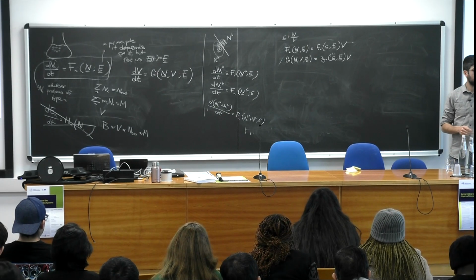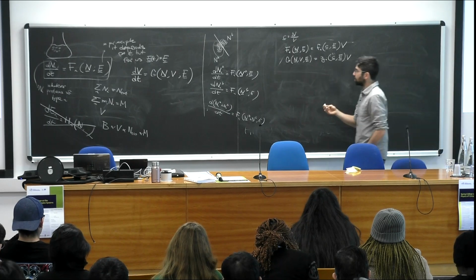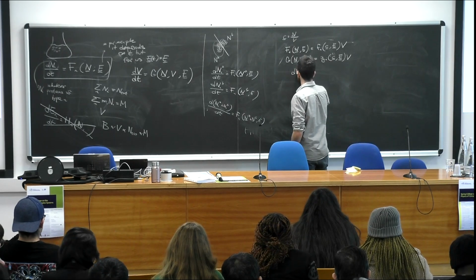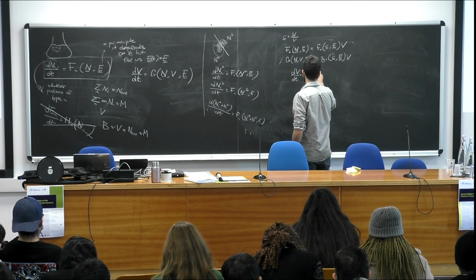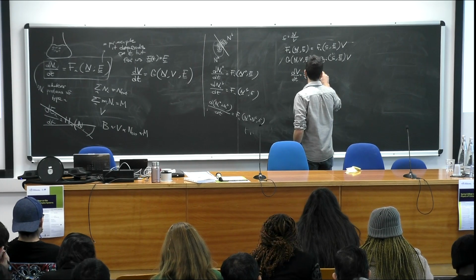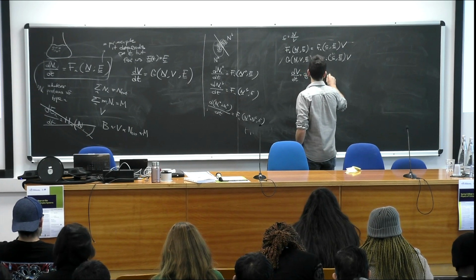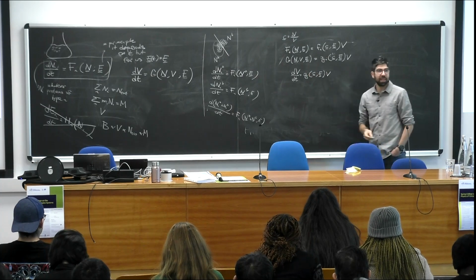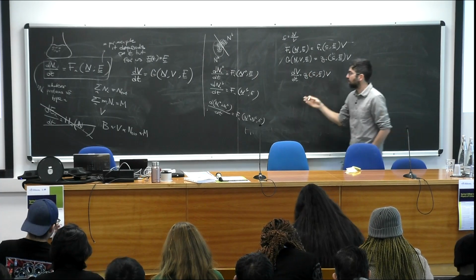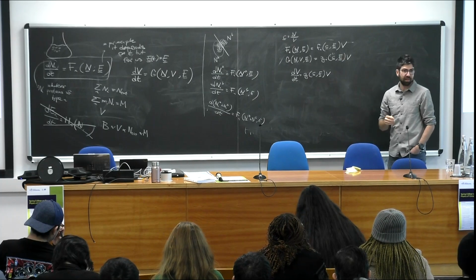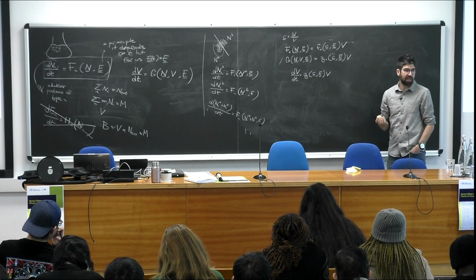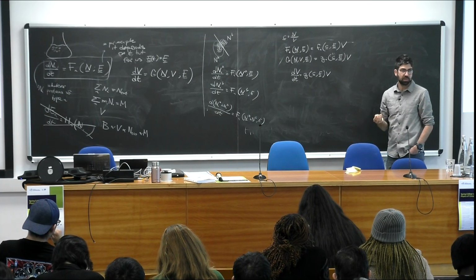So now I have an equation for V, which tells dV/dt is equal to g(C, E) times V. And then in principle I could write the equation for N, but since I'm expressing everything in terms of concentration, it's better to write an equation for concentrations.